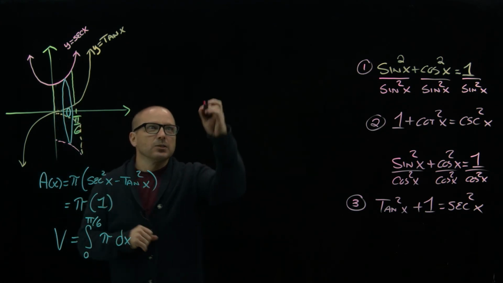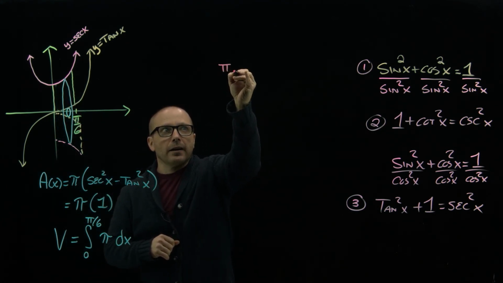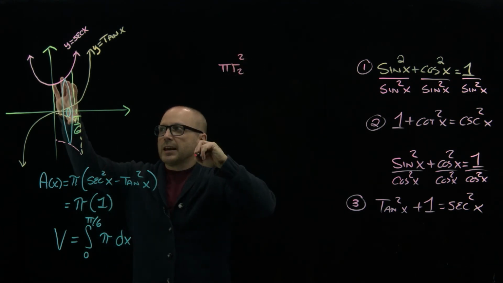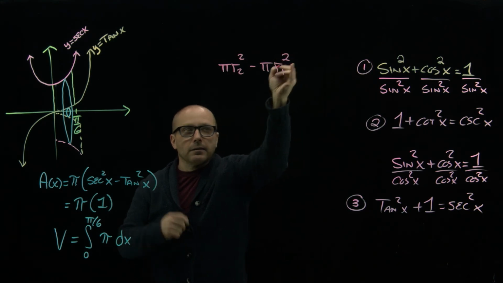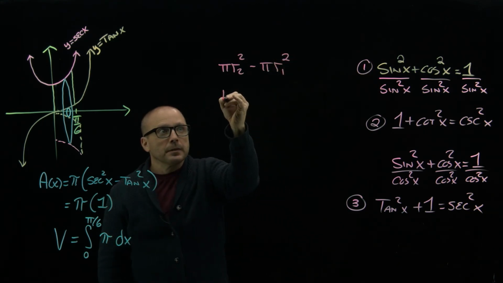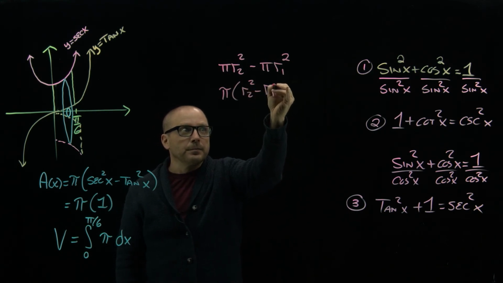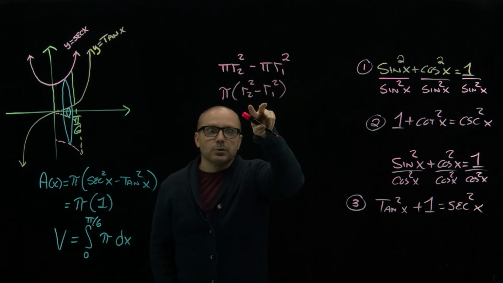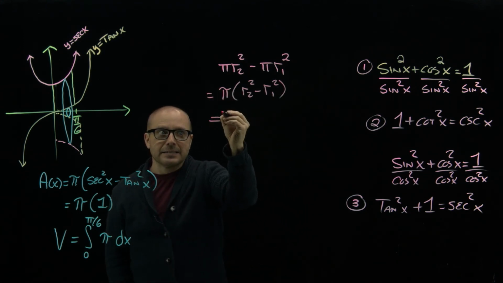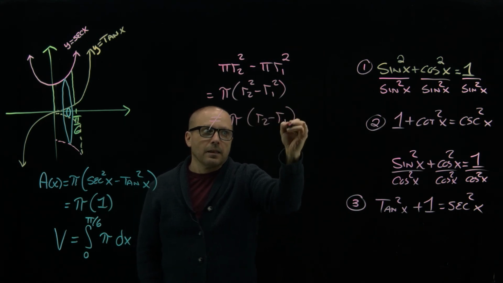Another big issue that just came to mind as I was saying that is this is a circle minus a circle, right? So it's pi r squared, so I'll call that r2 for the outer radius, minus pi r squared, right? I saw this algebra misunderstanding a few times, which was to write this as this, but this is not equal to that.